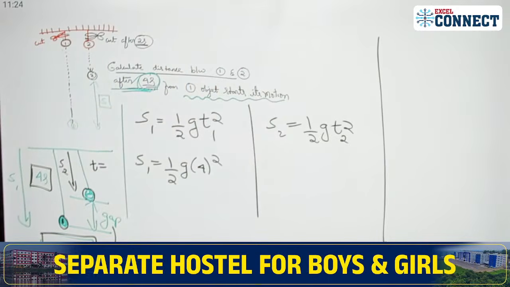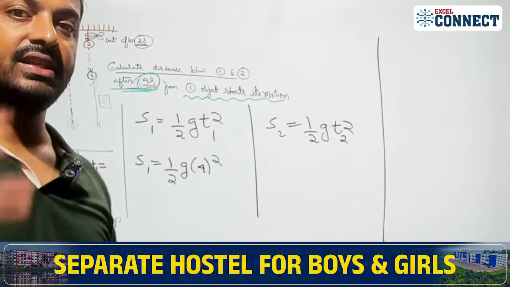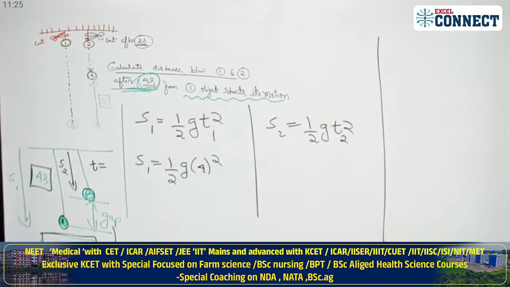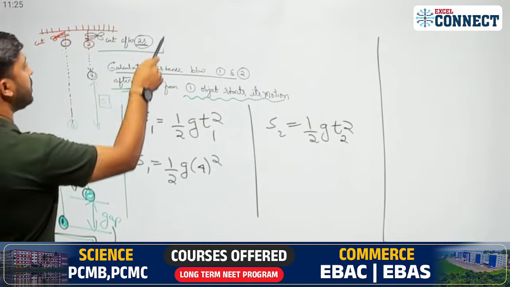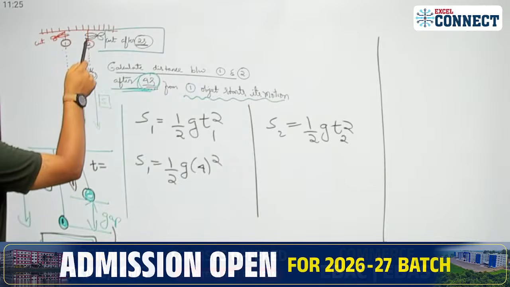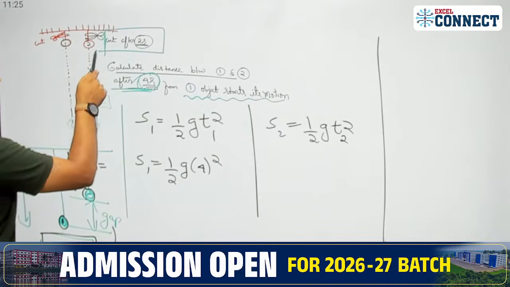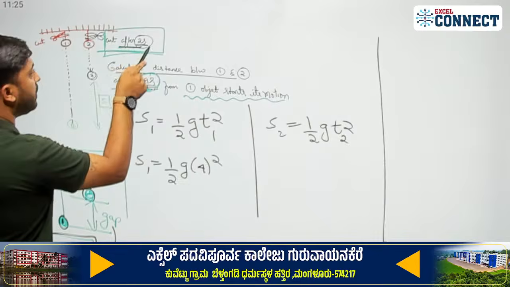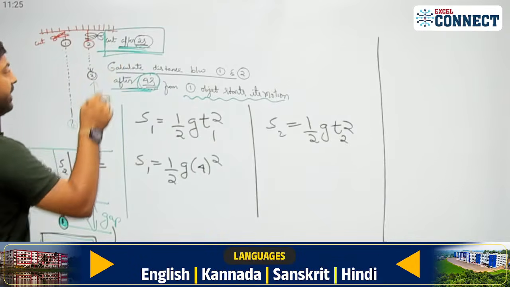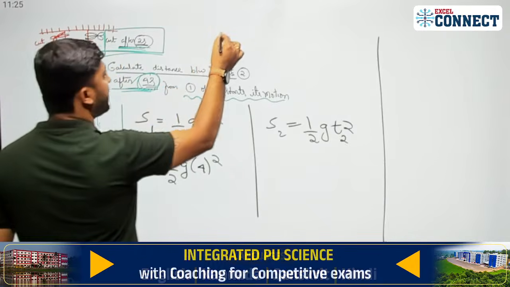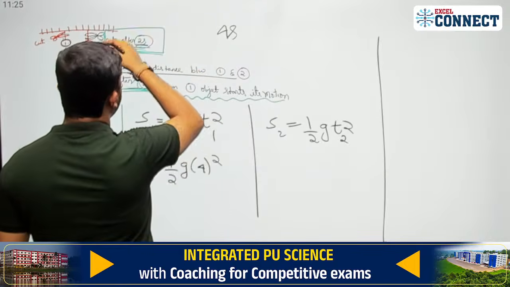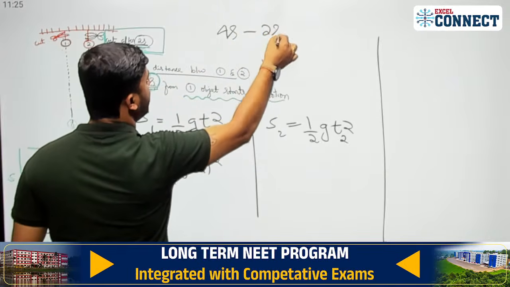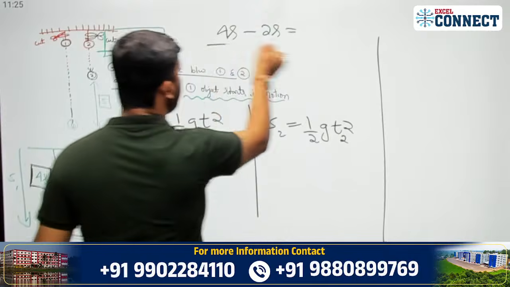The first object travels for 4 seconds, the second object starts its motion after 2 seconds, right? Why? Because the thread of the second object is cut after 2 seconds. You have to look at the words after 2 seconds. It means if total time is 4 seconds, the second object was at rest for 2 seconds. So what is the time of travel?